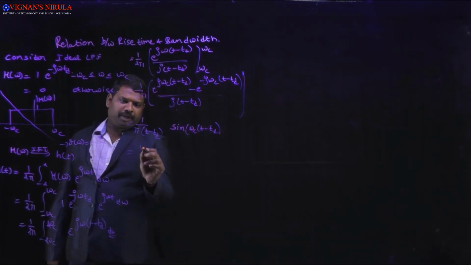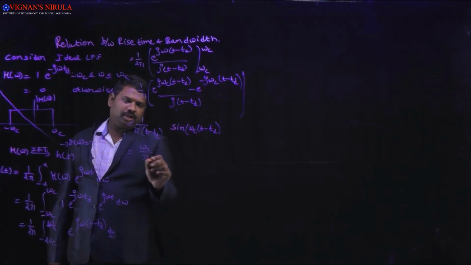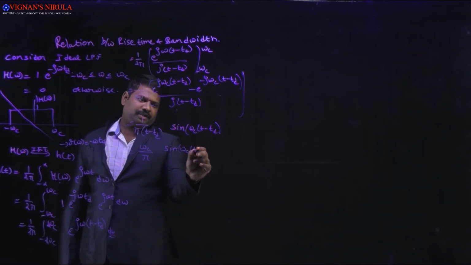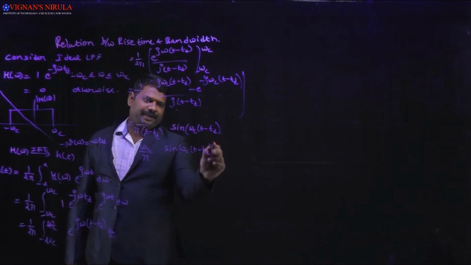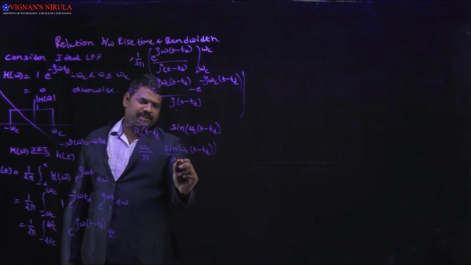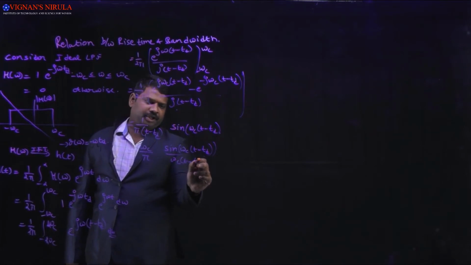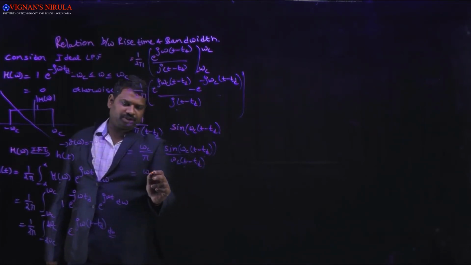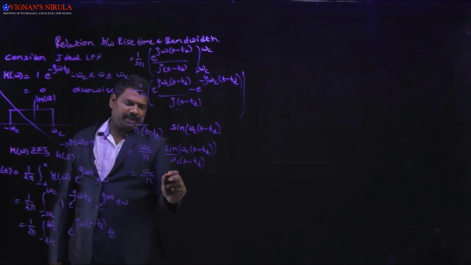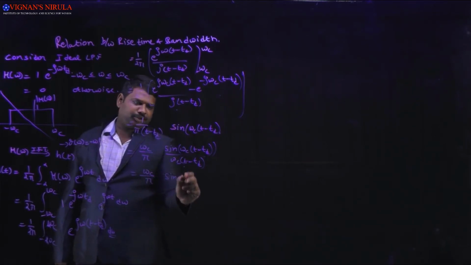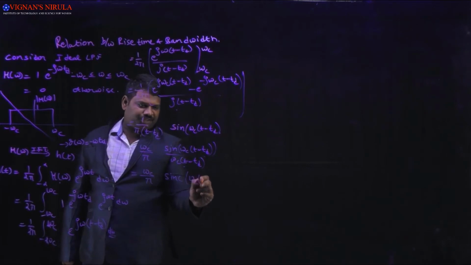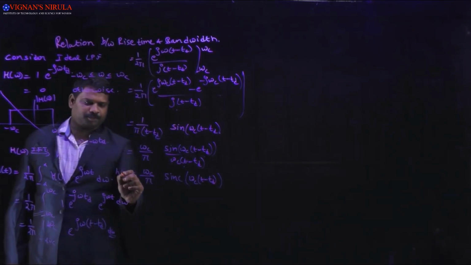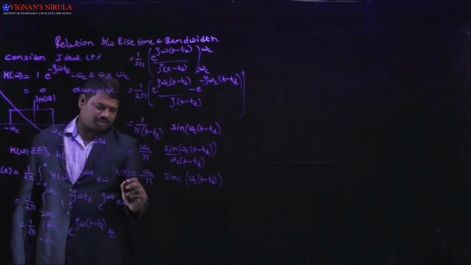Then multiply by omega c and divide by omega c: sine of omega c (t minus t_d) by omega c (t minus t_d). This is in the form of sine x by x, therefore it is the sinc function. Omega c by pi times sinc of omega c (t minus t_d) will be your h of t, the impulse response.